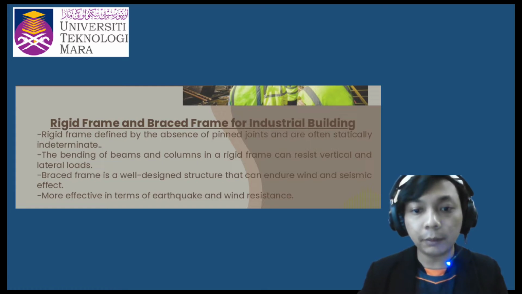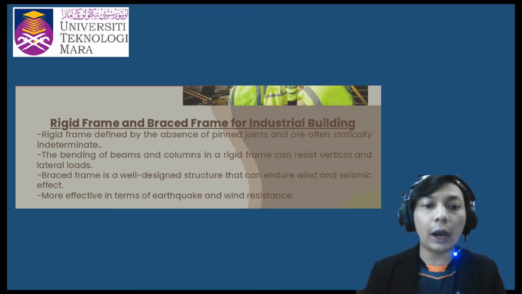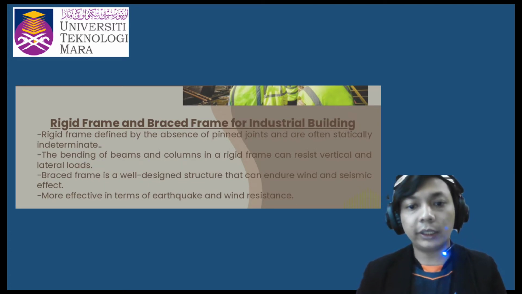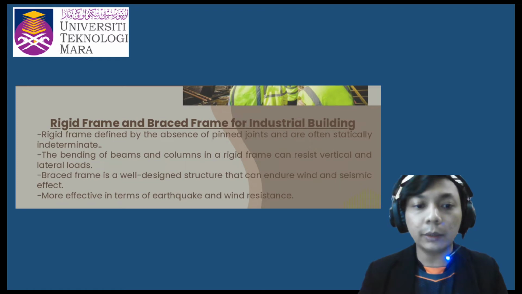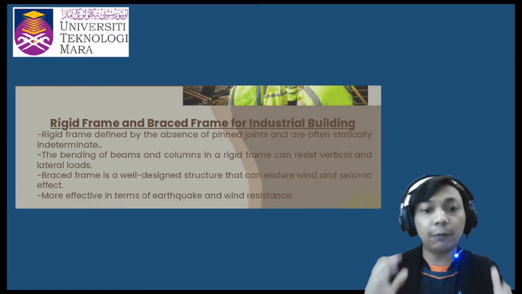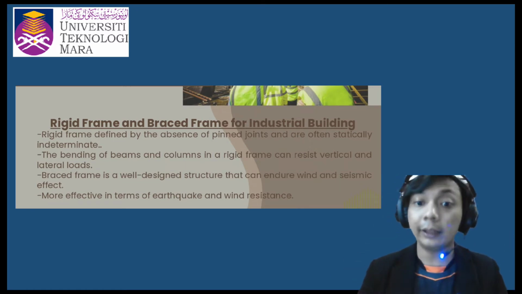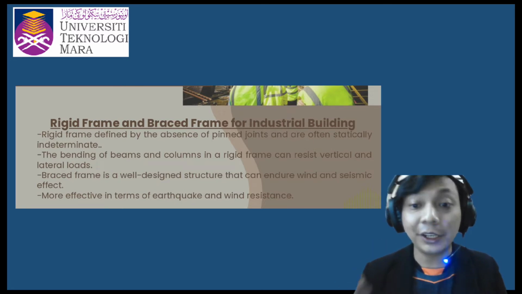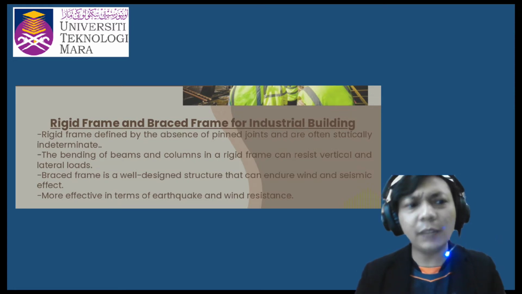Rigid frames are defined by the absence of pin joints and are often statically indeterminate. The bending of beams and columns in a rigid frame can resist both vertical and lateral loads. The joints must be constructed to have sufficient strength and rigidity as well as minimal deformation.